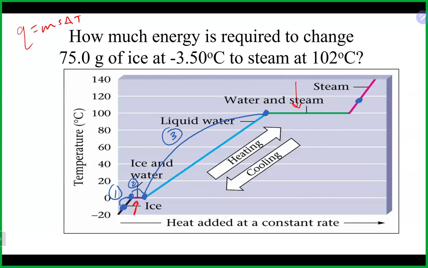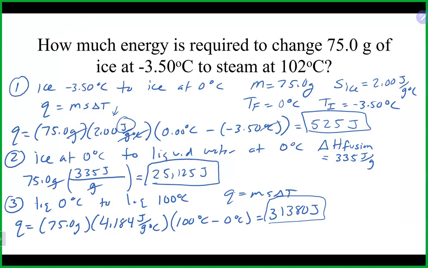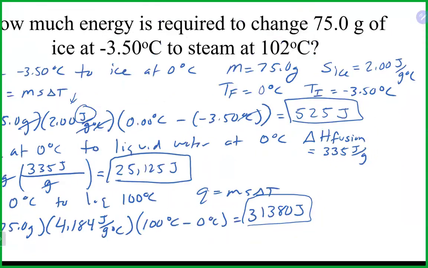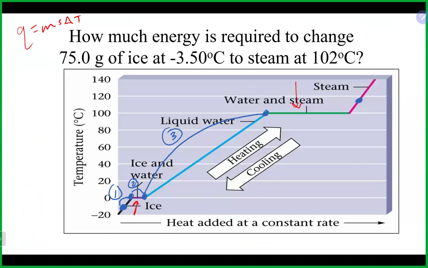So at this point, I think where we were at was, actually, no, we did the temperature change of liquid water at 0 degrees to liquid water at 100 degrees. So right now we're sitting again right here at 100 degrees, which is the normal boiling point of liquid water.